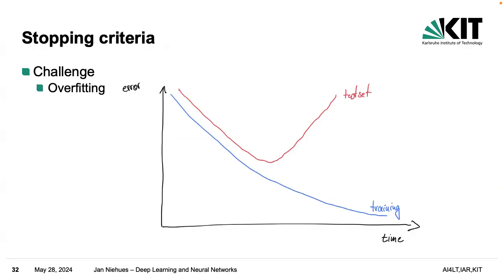So you're getting not only better on your training data, but you're also getting better on your test data. But the problem is that at some point here, the test error goes up again. And this is because some of the training data is memorized. It only knows the correct solution for your training data, and then doesn't generalize as well to your other data. And we want to somehow prevent that.